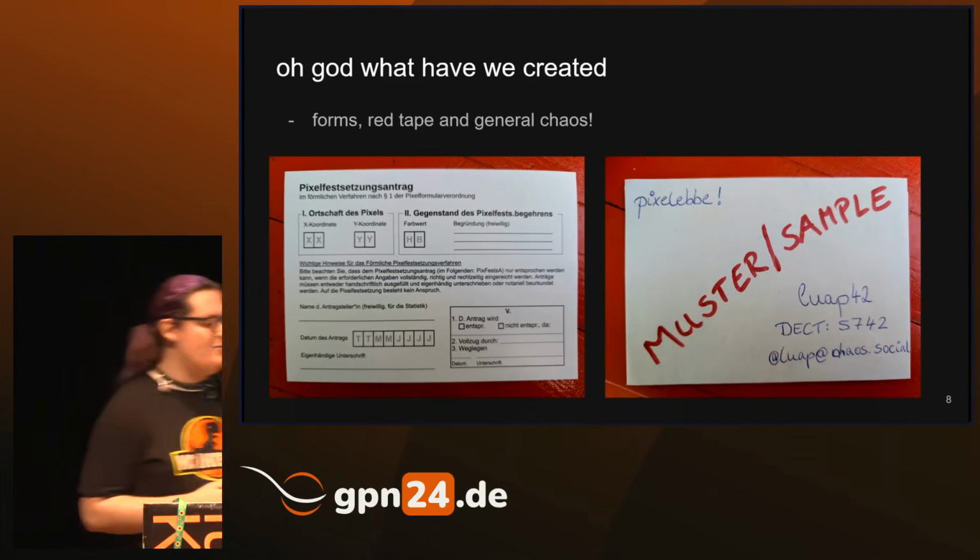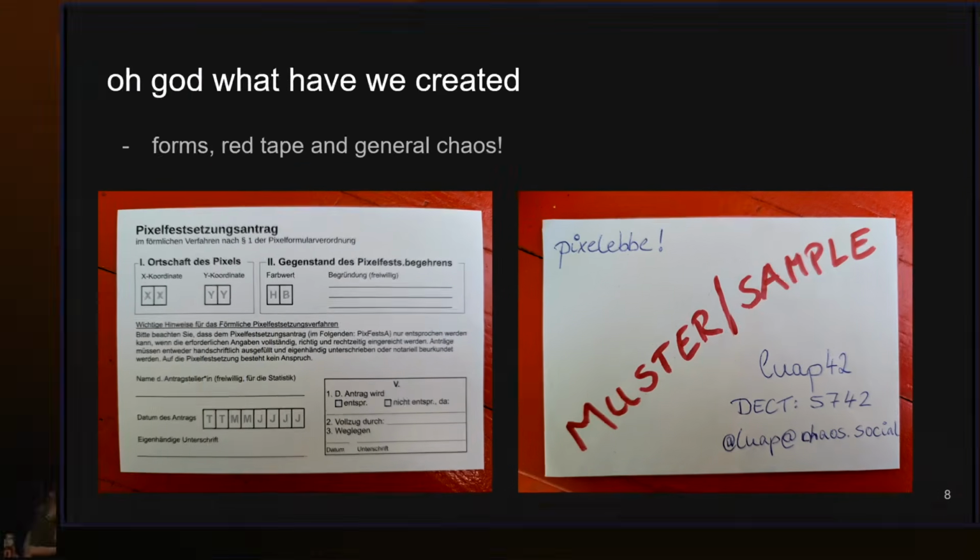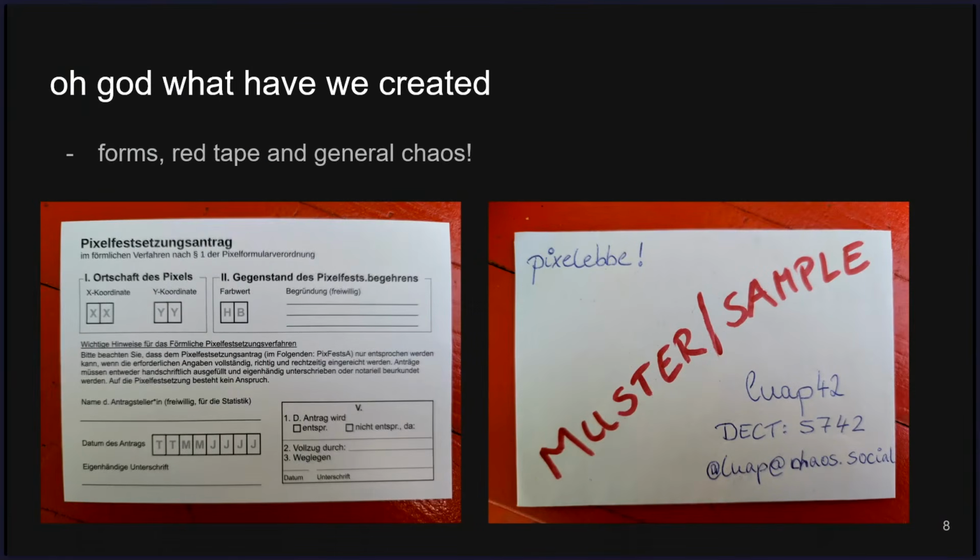And then after we got the form back, we checked every single thing on the form and put down our signature, stamped it, and then, using the envelopes provided by the people, we sent them their forms back so they could know if we had set their pixel.